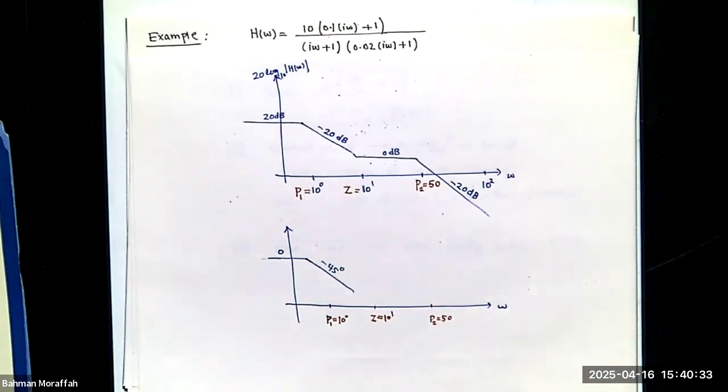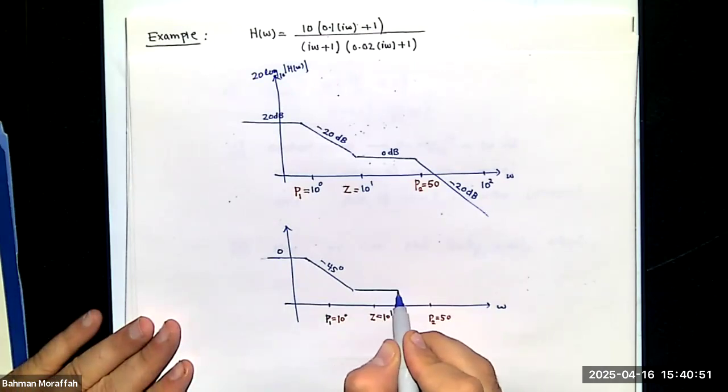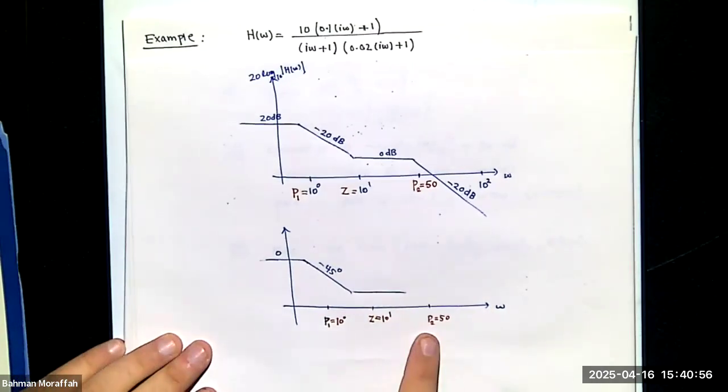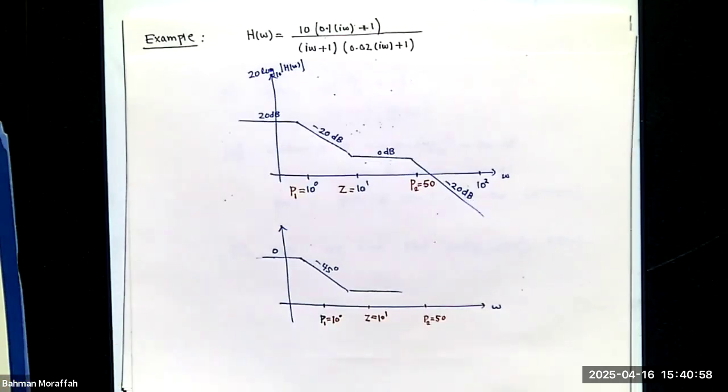For this zero, I'm going to go up by 45 degrees, but I'm already going down. So 45 going down, 45 going up, so it's going to be 0, till around this point that I know I'm going to go again 45 degrees down.